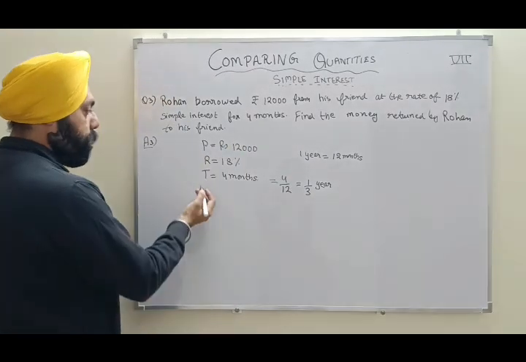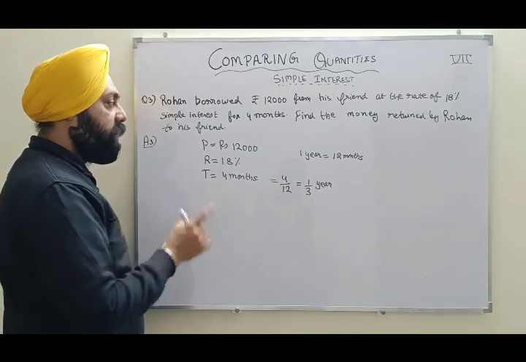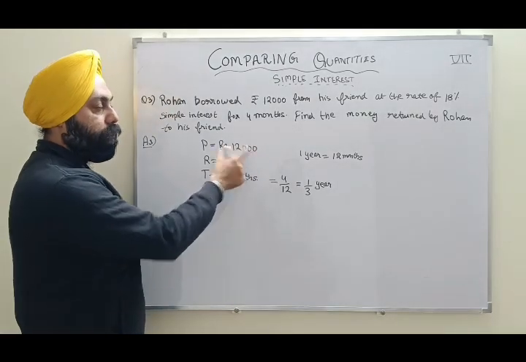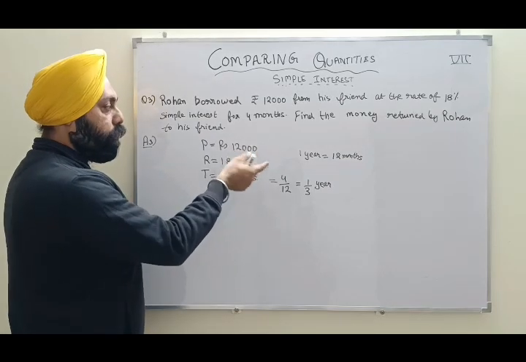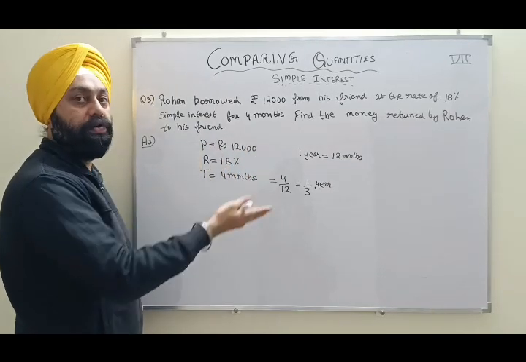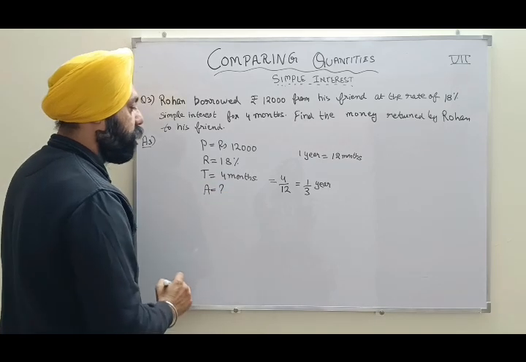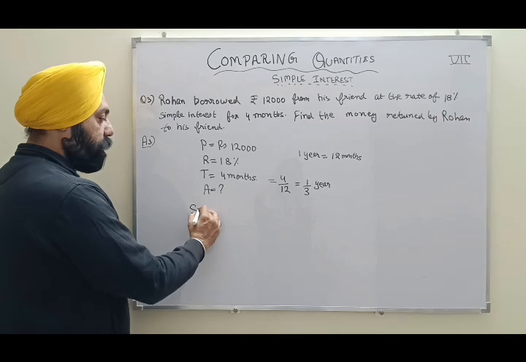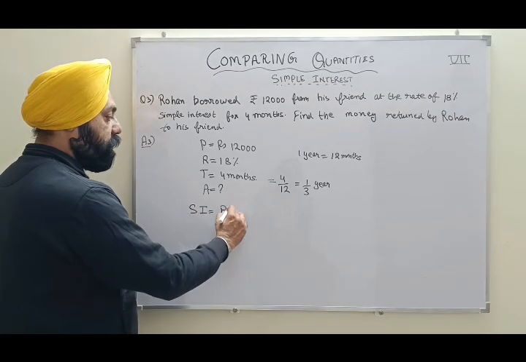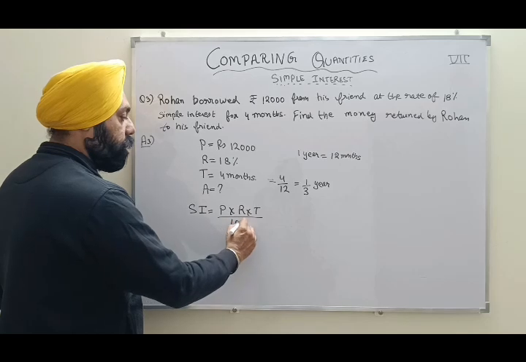Now we have to find the money returned by Rohan to his friend. It means whatever he has borrowed plus whatever extra money will be there, both taken together will be returned to his friend. In short, we have to find the amount he has to return. Before finding the amount, we have to find the simple interest using the formula PRT upon 100.